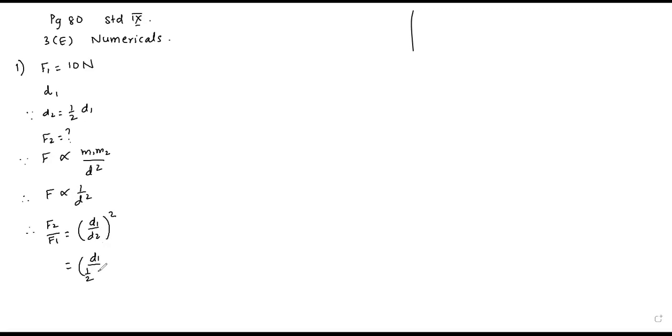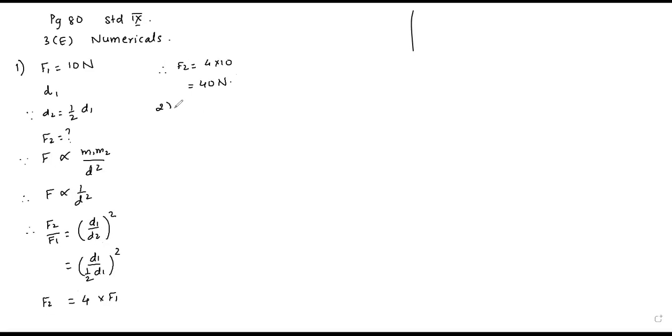D2 is half of D1. D1, D1 cancel, 2 goes up, that comes out to 4. So F2 is equal to 4 times F1. F1 is 10, so it is 4 times 10, which is equal to 40 Newton. This is the force.